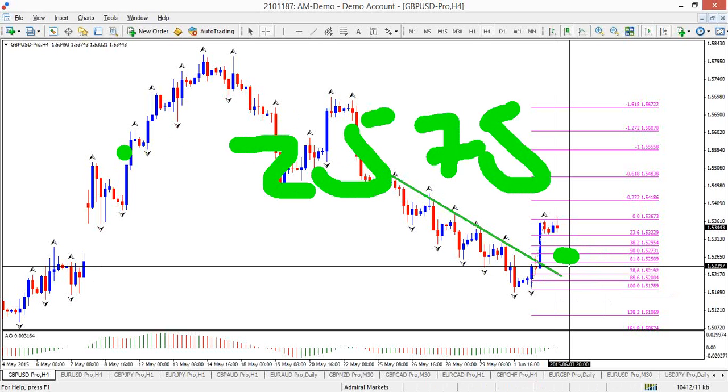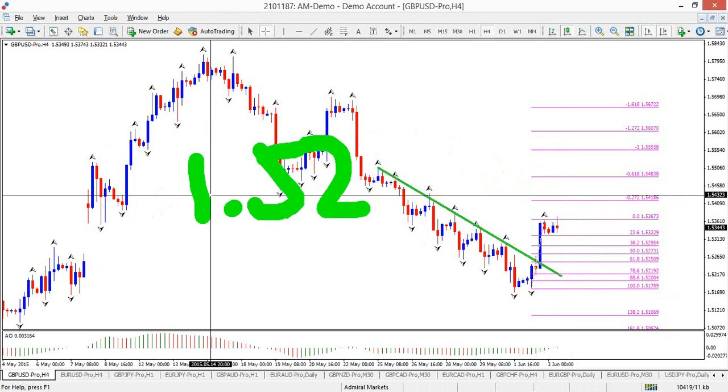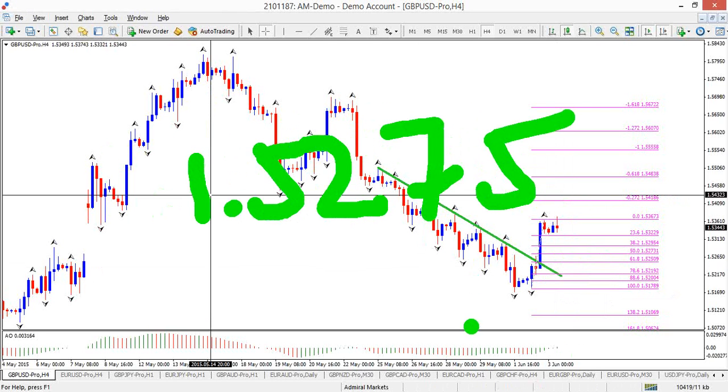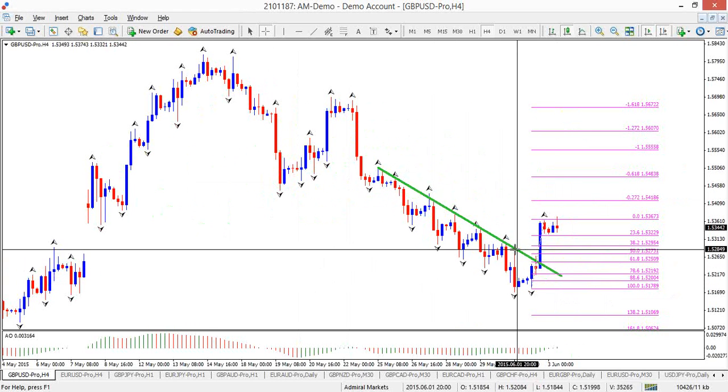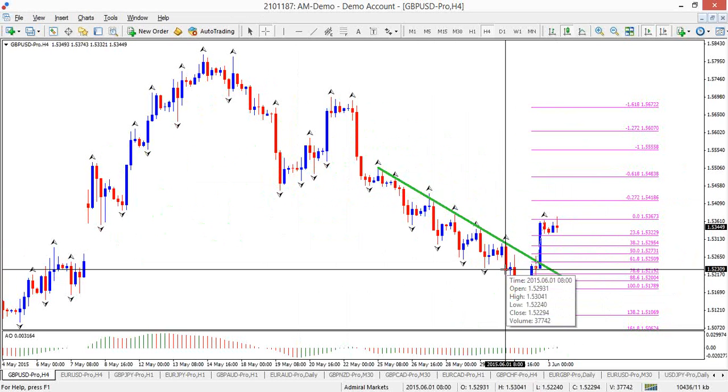There is a chance we might get even lower to 152.75. In that case, it would even be a discount. The entry that I would take upon this fractal break is 153.25, or 153.24.